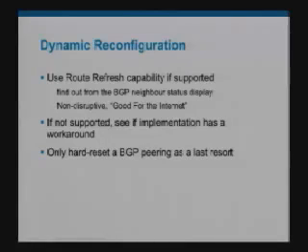If not, you usually have some kind of soft reconfiguration feature that will let you work around it. I mean, in most of the implementations that I know of, you get a soft reconfiguration feature that lets you work around the lack of route refresh.